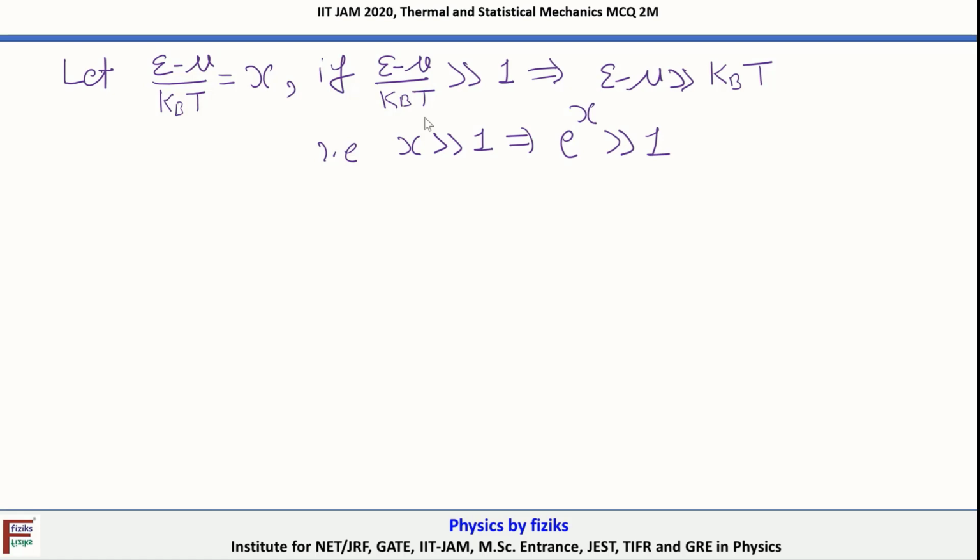If that is the case, then take an example of the Fermi-Dirac distribution function n_FD, where FD stands for Fermi-Dirac.